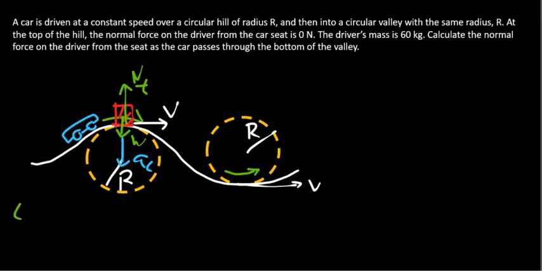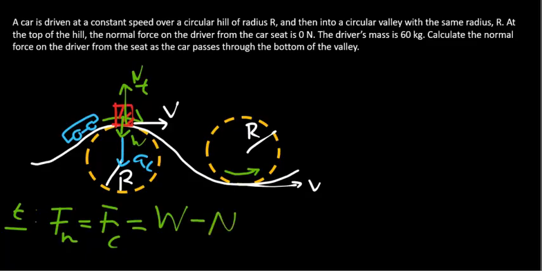So at the top of the hill, the net force acting on the driver, or the centripetal force for that matter, is the weight of that driver minus that normal force, N top. And from Newton's law, that must be the centripetal force, ma, which is the mass of the driver, v squared, that speed squared, over the radius of that circular trajectory.